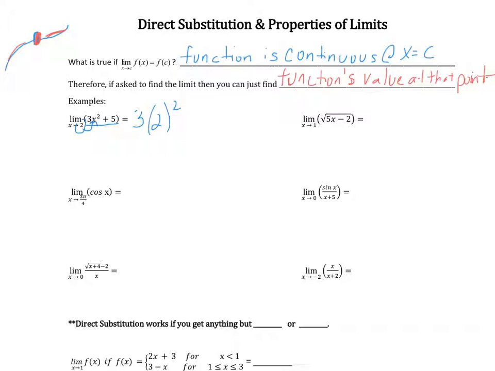So I take 3 times 2 squared plus 5, which is 12 plus 5, and I get for a final answer that this limit is equal to 17.